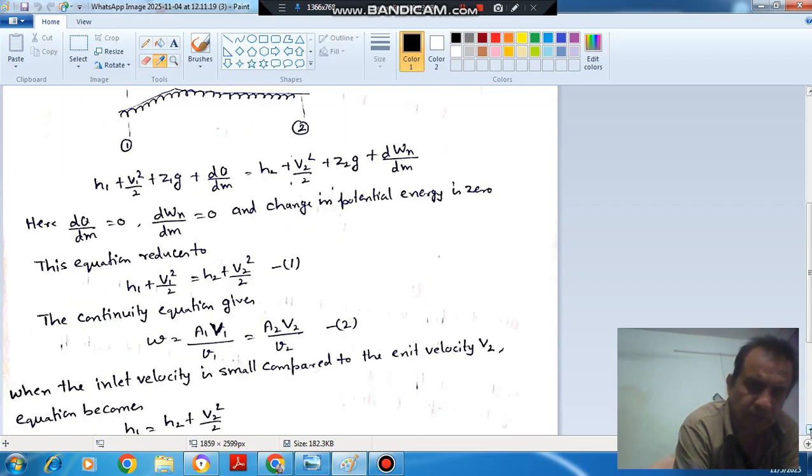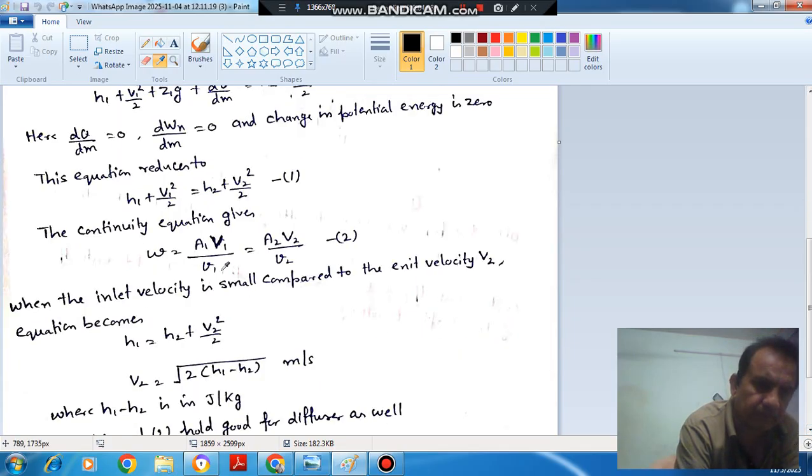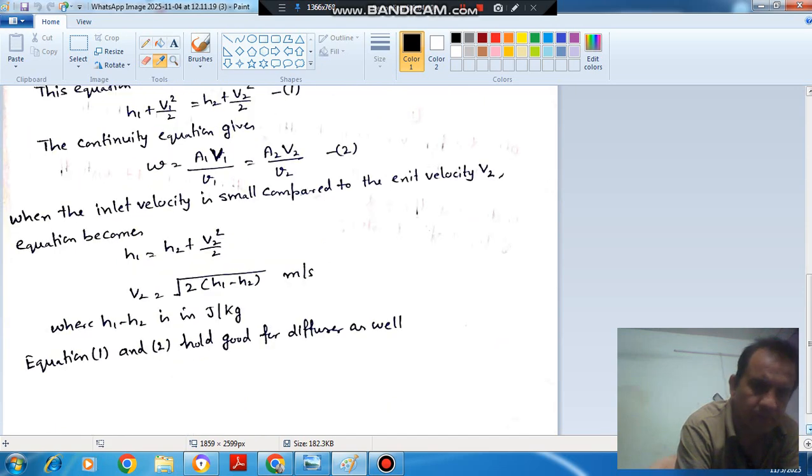And the continuity equation is A1 v1 by small v1 is equal to A2 v2 by small v2 for steady flow. And the inlet velocity is very small compared to exit velocity v2. The equation becomes h1 is equal to h2 plus v2 square by 2, or v2 is root of 2 (h1 minus h2), where v2 will be in meter per second if h1 minus h2 is in joule per kilogram. So equations 1 and 2 also hold for a diffuser.